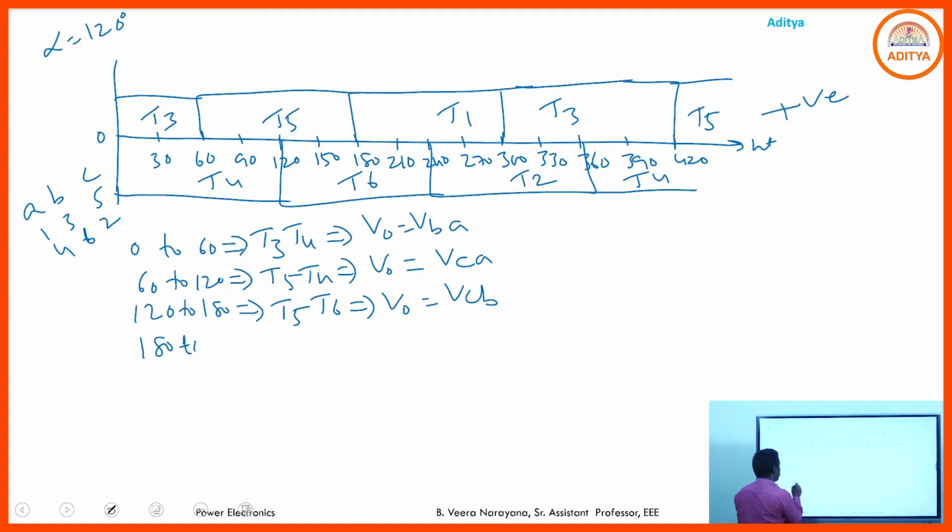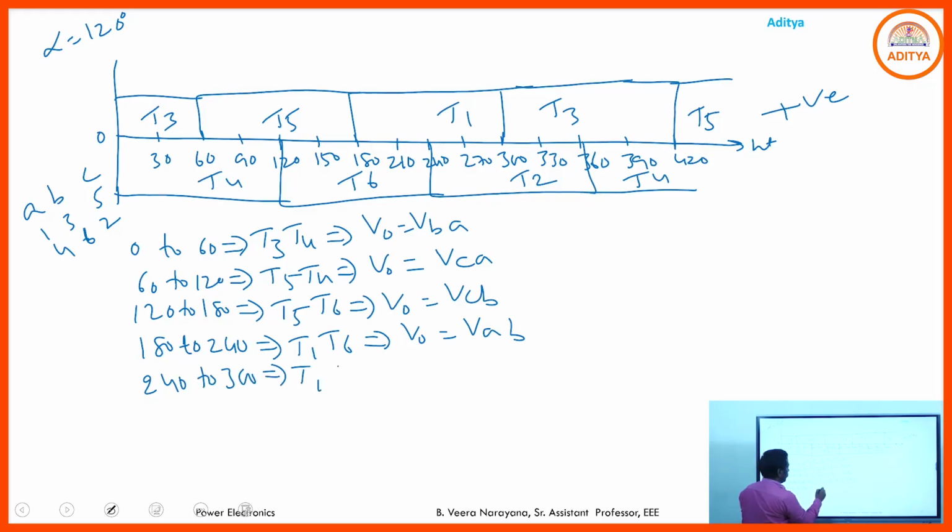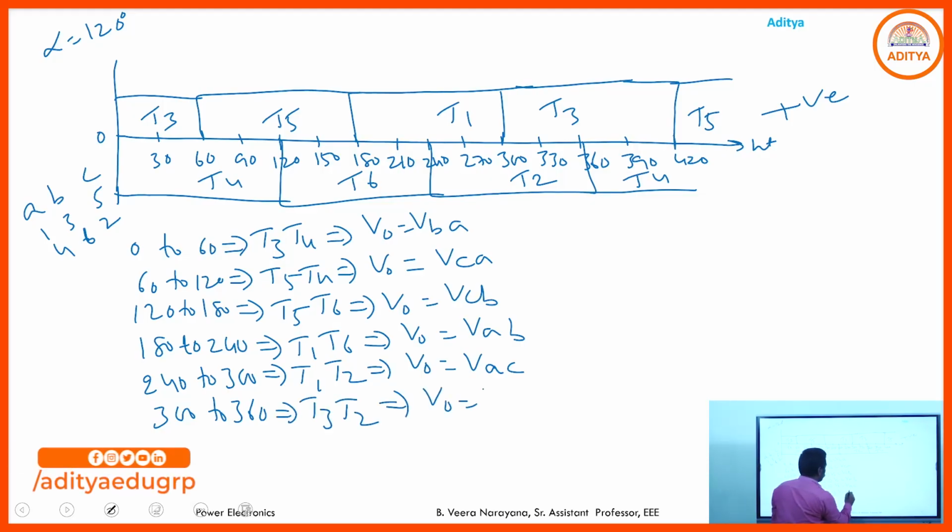180 to 240, T1, T6, V0 is equal to VAB. 240 to 300, T1, T2, V0 is equal to VAC. 300 to 360, T3, T2, then V0 is equal to VBC.